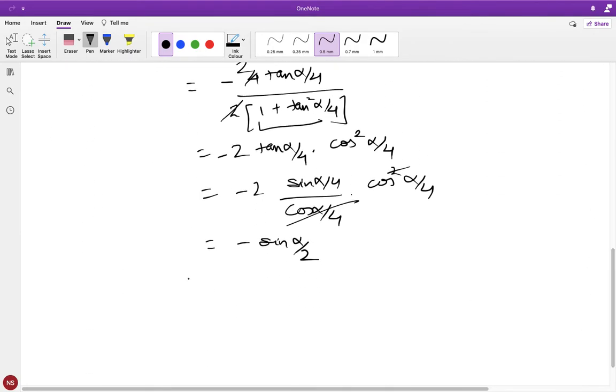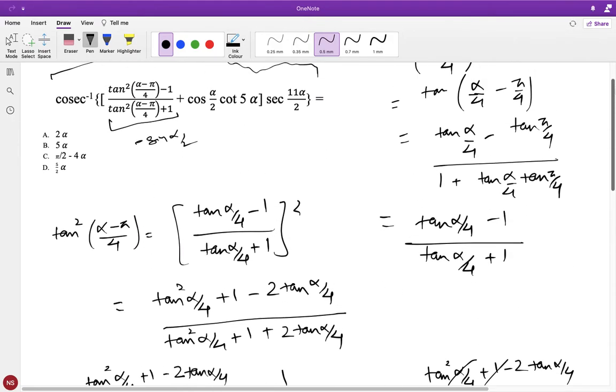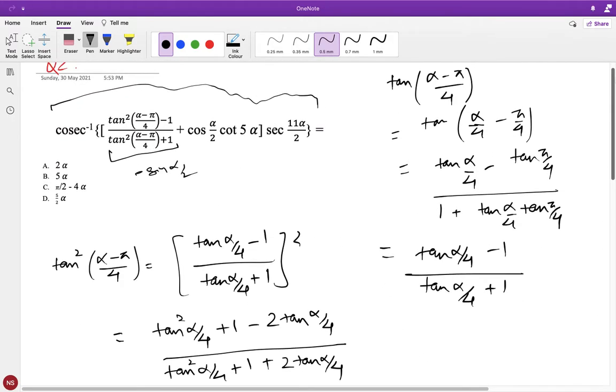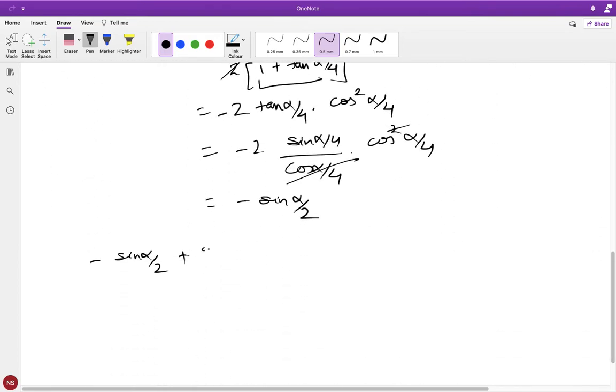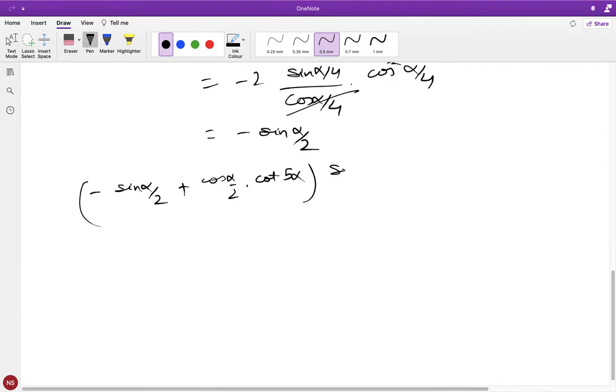So the expression is minus sin(α/2) plus cos(α/2) into cot 5α, and this is multiplied with sec(11α/2), and this whole thing is under cosecant inverse. I've already solved the one big problem. Now the second smaller problem is this.